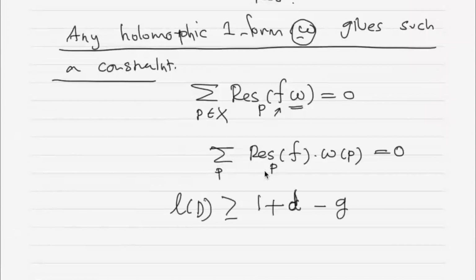Why don't I say that it's equal? Because I don't know whether these are all the constraints. These are some of the constraints that we have. Yes, bigger than or equal.